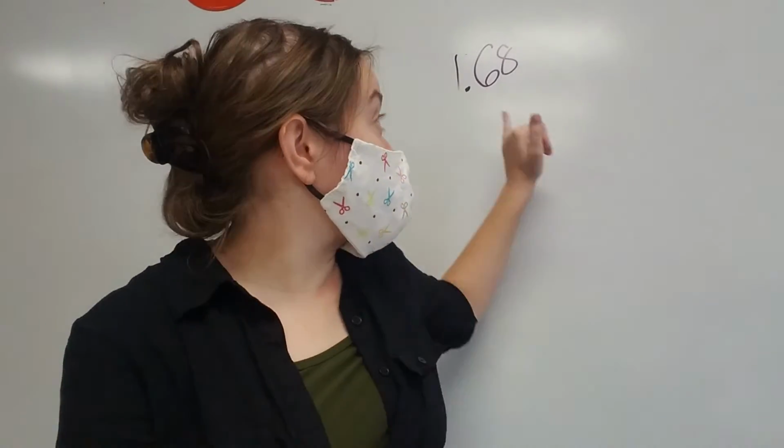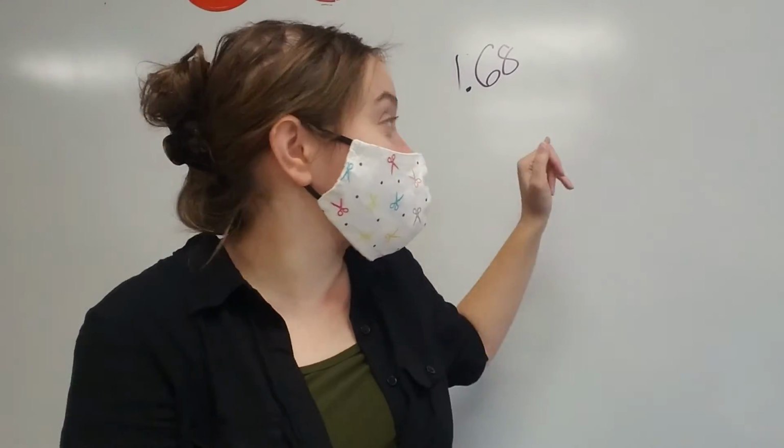How many dimes does it take to make a whole dollar? Everyone? 10. 10, okay? I have 10 dimes to make a dollar, and then I have 6 more dimes to get my 60, right? 10 plus 6 is 16.